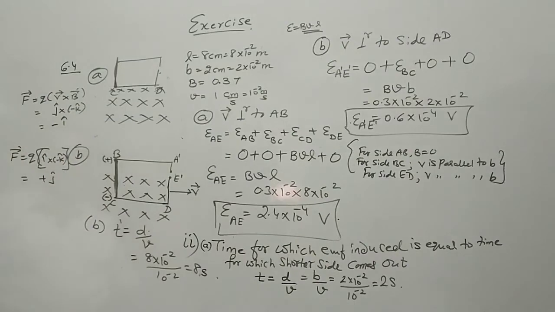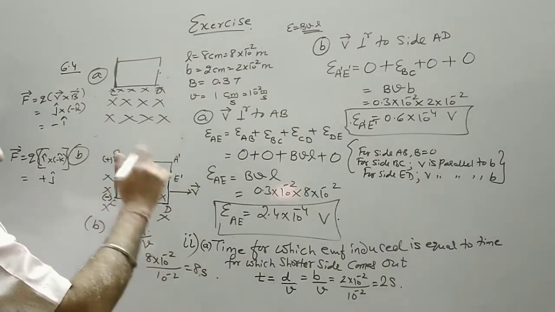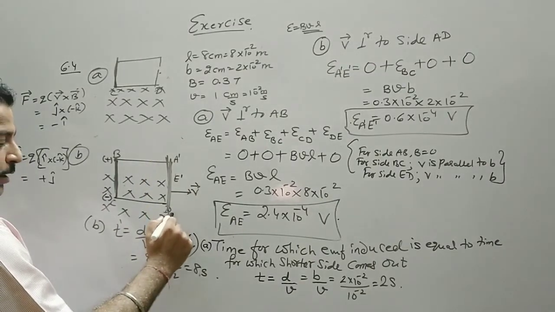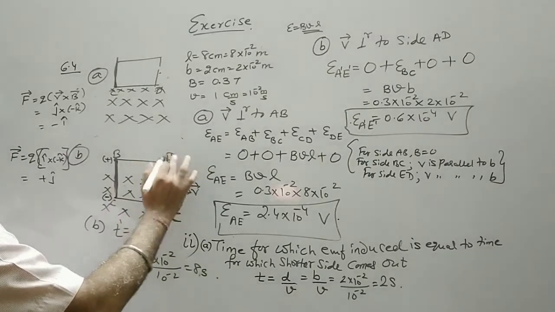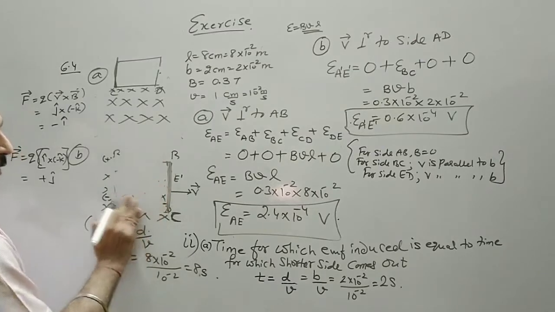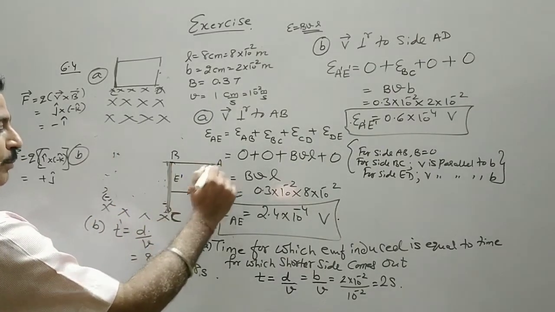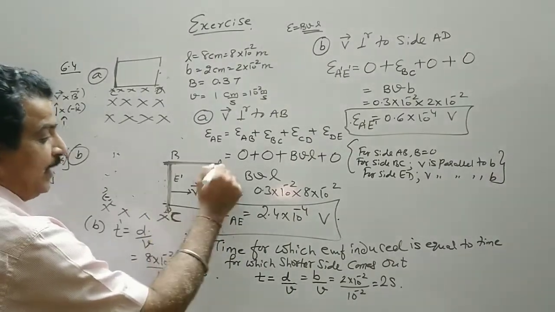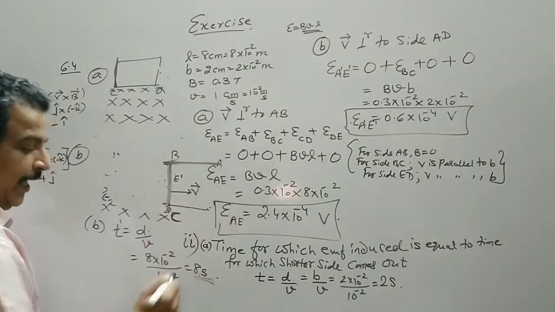So what will be the condition? The EMF will last when BC comes at this point, that is on the edge. Now this will be the situation. BC comes at this point, so this point becomes A. So how much time will this AB take to come out? 8 seconds.